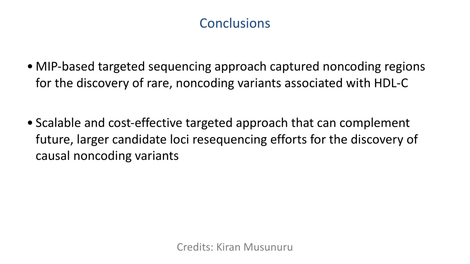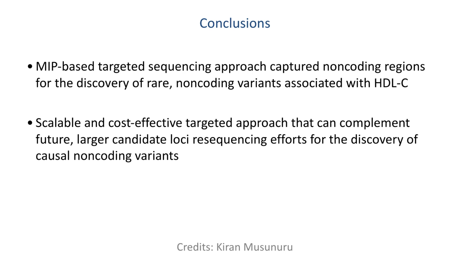In conclusion, the MIP-based targeted sequencing approach demonstrated the successful capture of non-coding regions for the discovery of rare non-coding variants associated with HDL-C in a cohort of extremely high versus low HDL-C individuals.